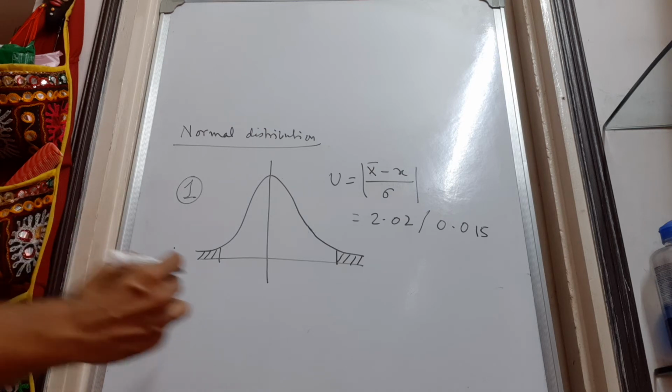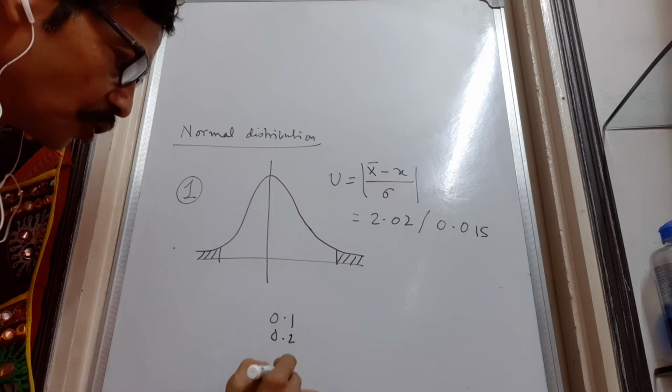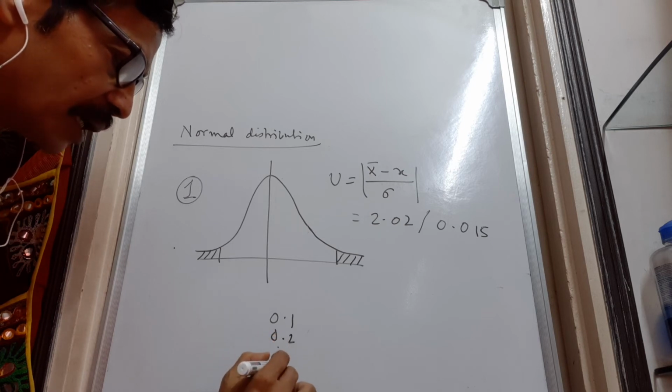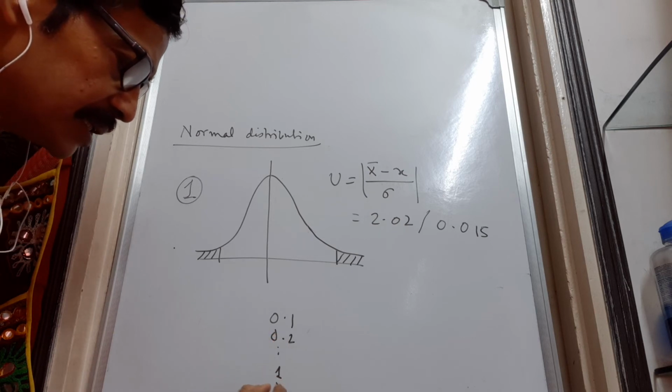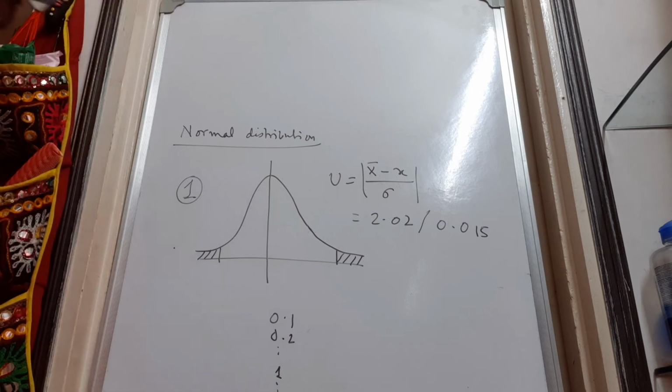The table is something like this. In the left hand side we have 0.1, 0.2 and so on, somewhere down there it is 1, somewhere down there it is 2, 1.9 and then 2 and so on.